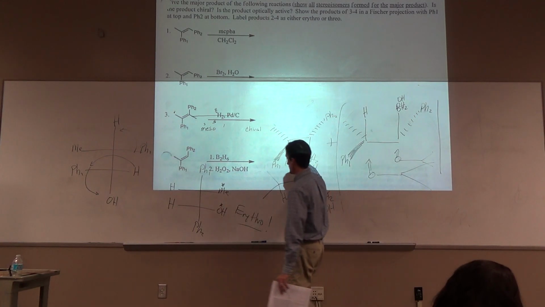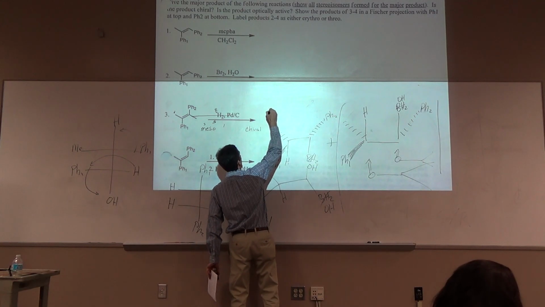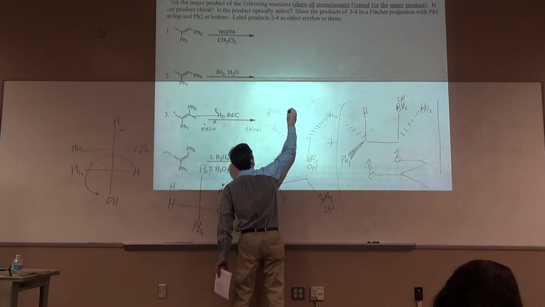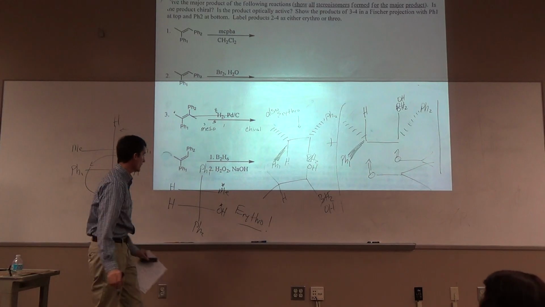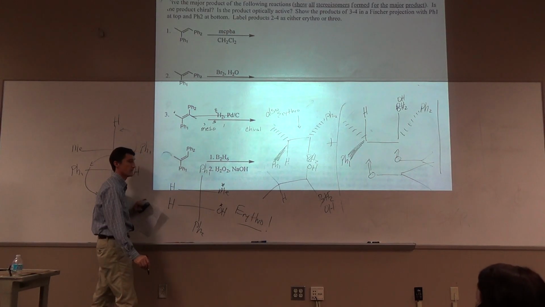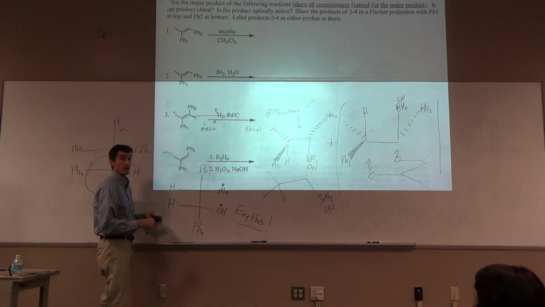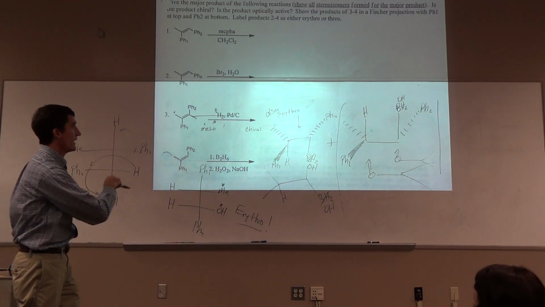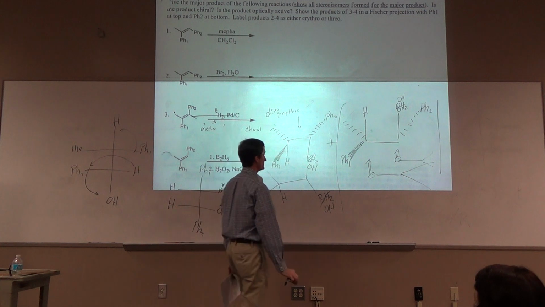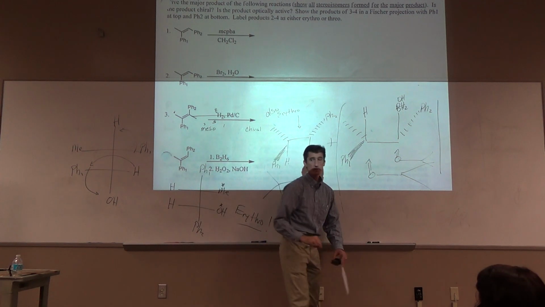You need to do this one also. This is also erythro. If you do it, it will also be erythro. What will be the difference? They'll both be on the other side. It will thus be what? These will be enantiomers. These will be enantiomers of each other.